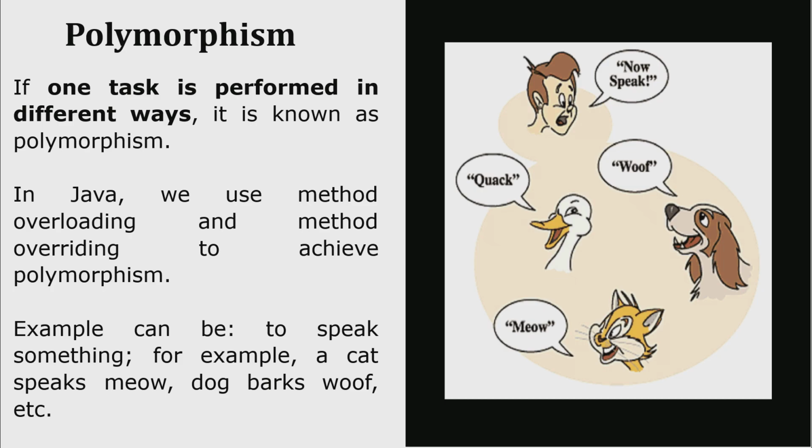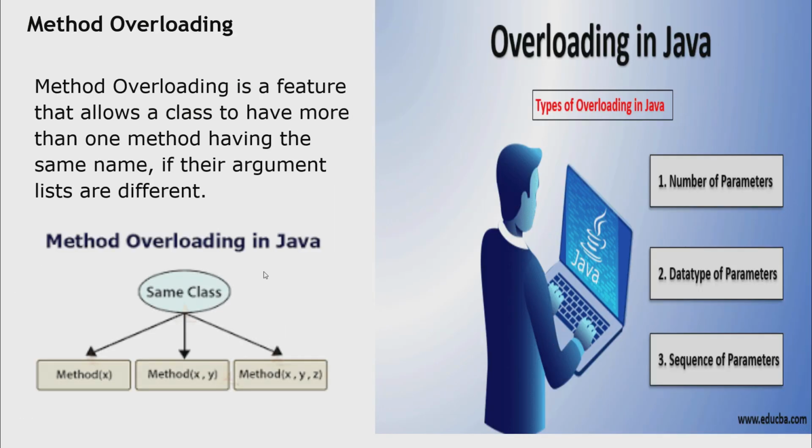This is called polymorphism. Polymorphism in Java can be implemented in two ways: method overloading and method overriding. So what is method overloading? Method overloading is a feature that allows a class to have more than one method having the same name, but with a different argument list.